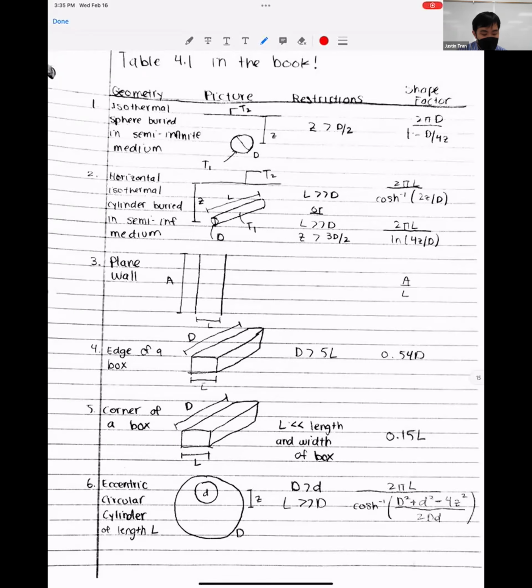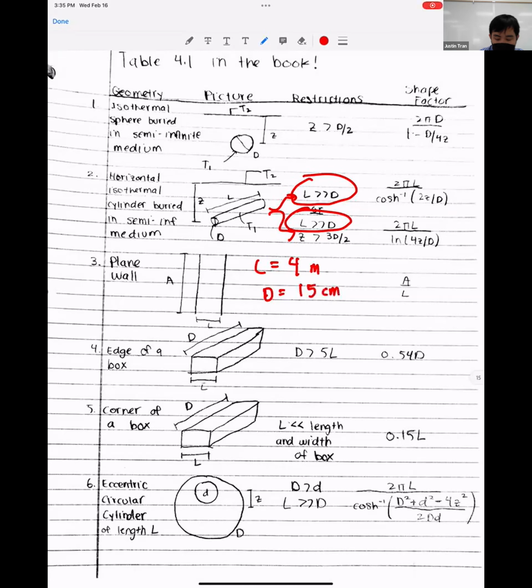For number 2, we have an isothermal cylinder buried underneath a semi-infinite medium. This one's interesting because we have two different paths we can take, with two different shape factors depending on certain conditions. One condition for both is that the length of the pipe has to be much greater than the diameter. If you remember from this problem, the length of our pipe was 4 meters and the diameter was 15 centimeters.